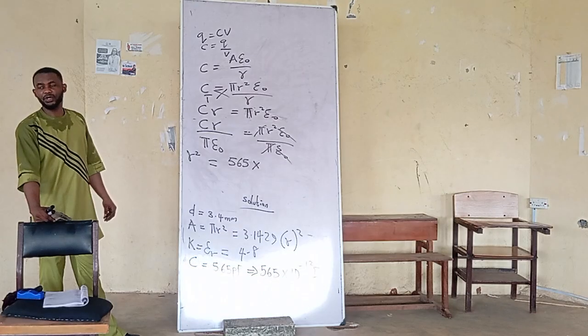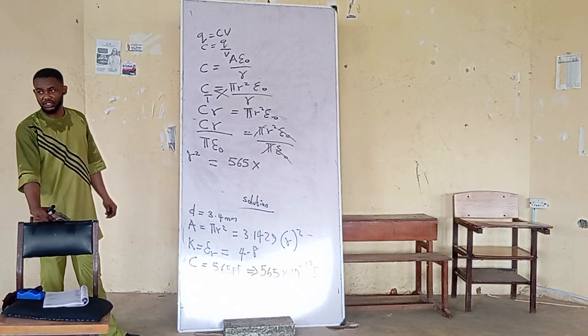It cannot cancel because one is the radius and one is the distance of separation.